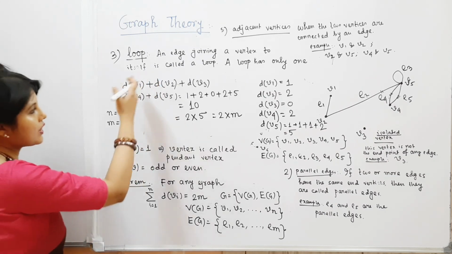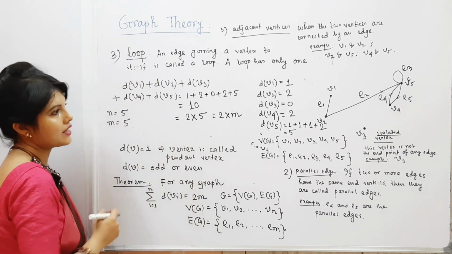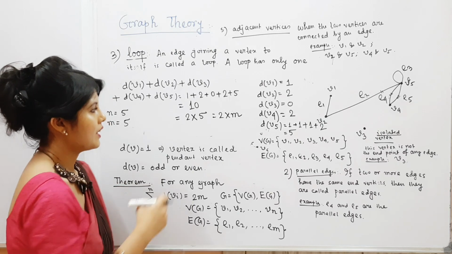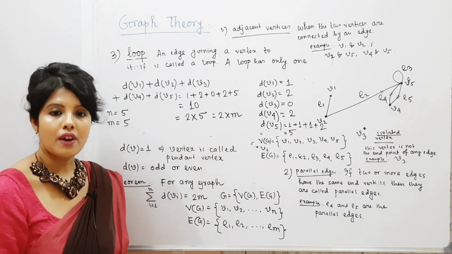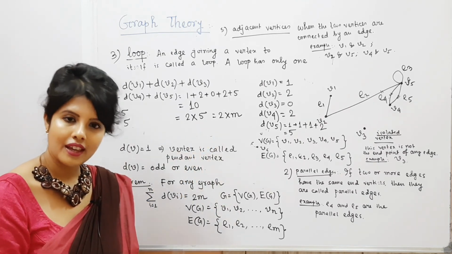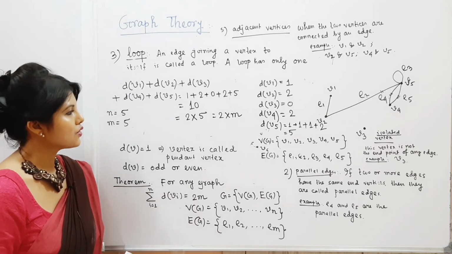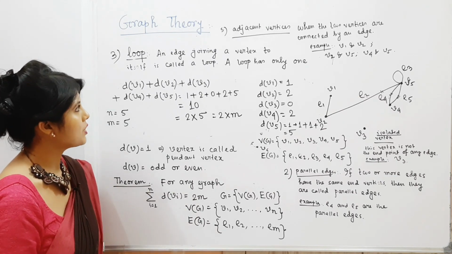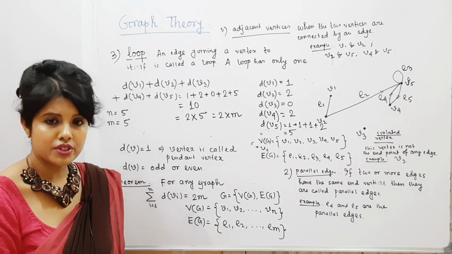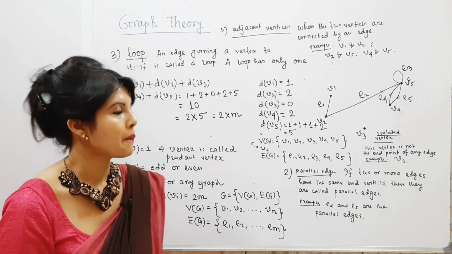So the total summation of the degrees of the vertices of a graph is equal to twice the number of edges. These are the basic terminologies which will be used again and again in graph theory.